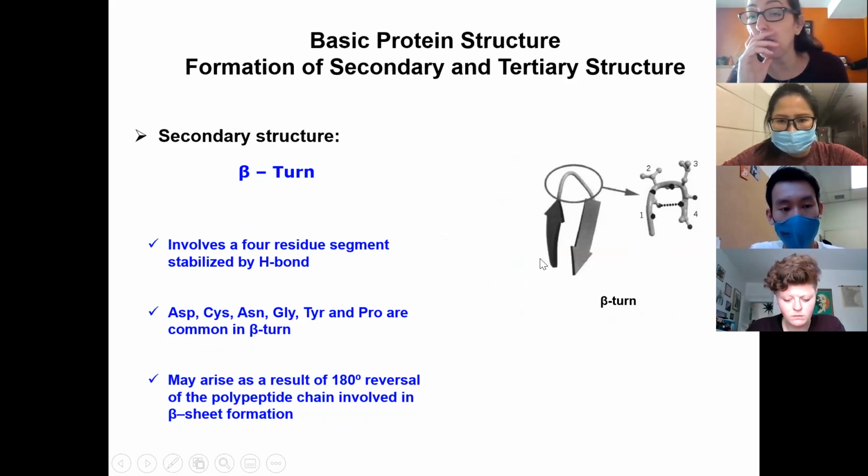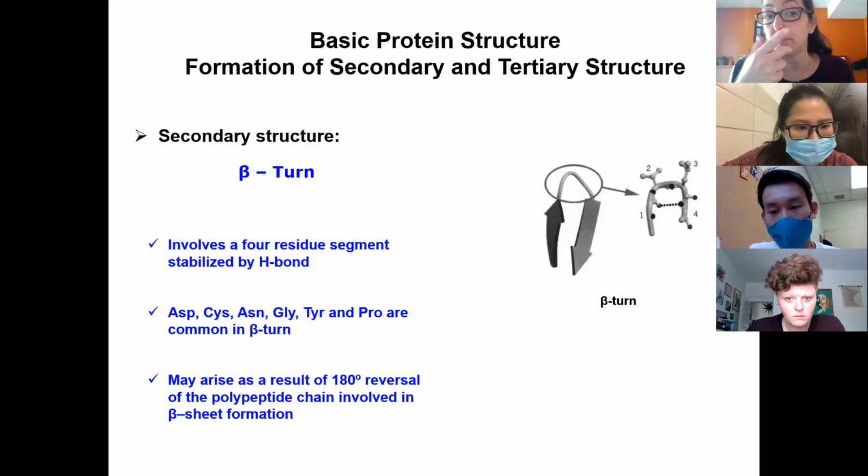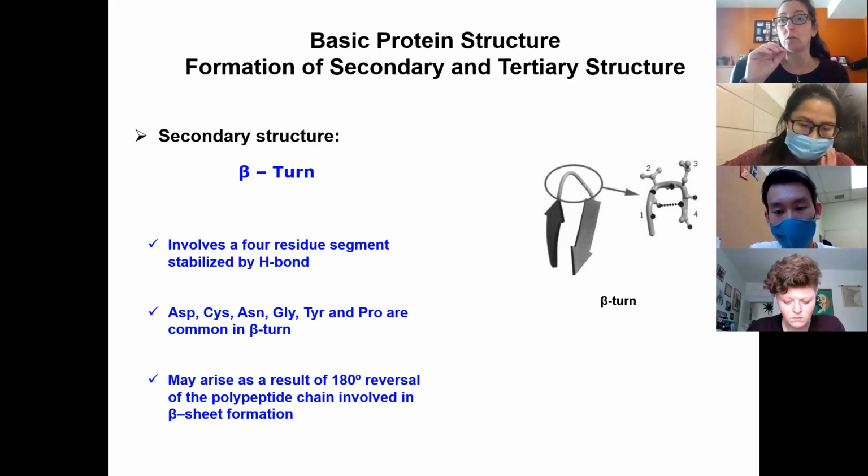Sometimes upon processing, heat processing, or like in dough formation, for example, some of the beta sheets reverse and form beta turn. When you process the protein and look at the secondary structure changes, we see an increase in random coil, sometimes a conversion of alpha helix to beta sheet, and sometimes a conversion of beta sheet to beta turn.